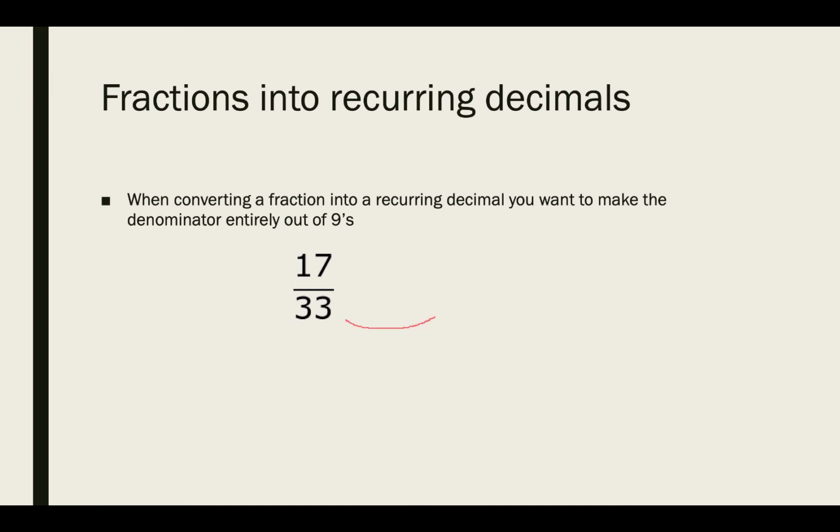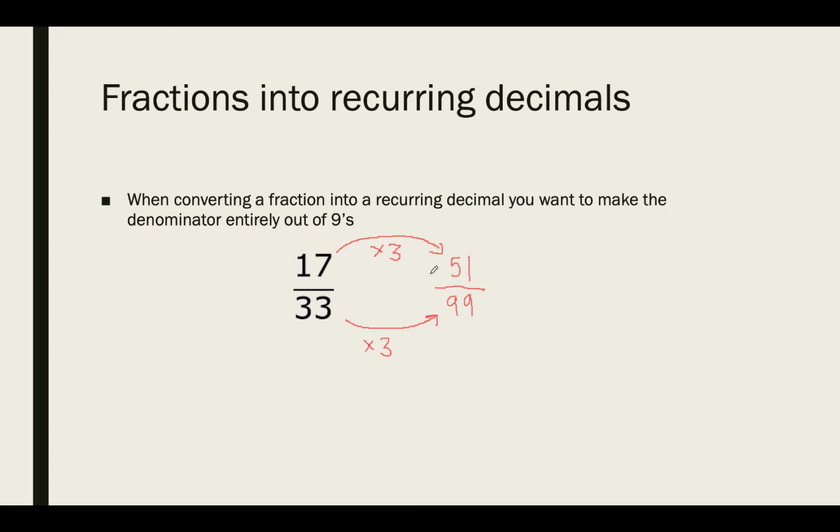So if we were to do 33 times 3, we would have 99 as our denominator. But to remain equivalent, we also have to multiply the numerator by 3 also. So 17 times 3 is equal to 51.